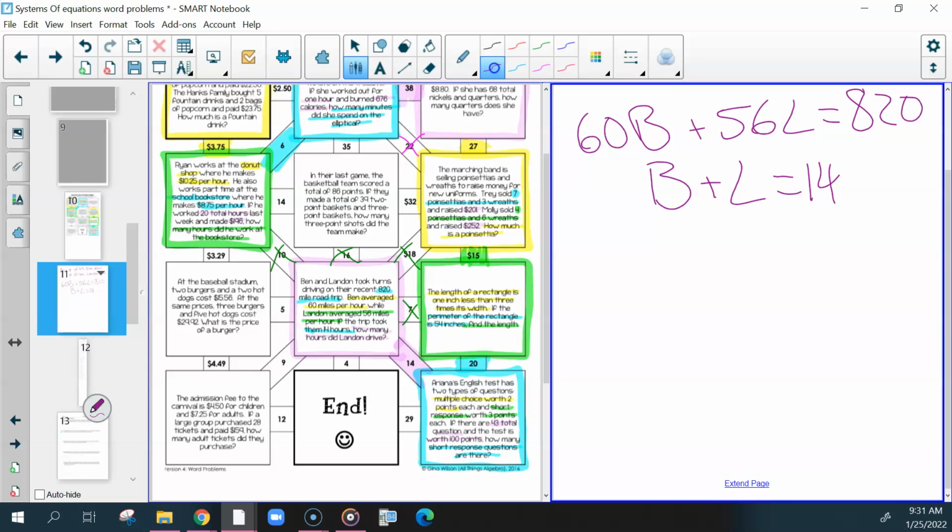So if we're doing elimination, we want to find how many hours Landon drove, so we're going to get rid of B. So we need to make these the same. We're going to multiply it by 60. And I'm going to rewrite both of them.